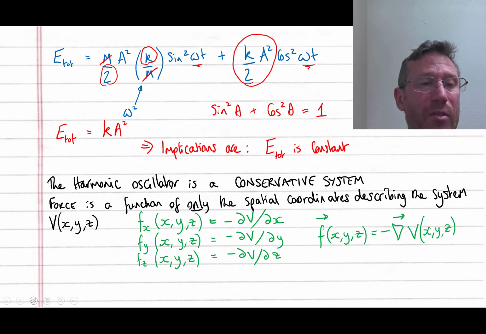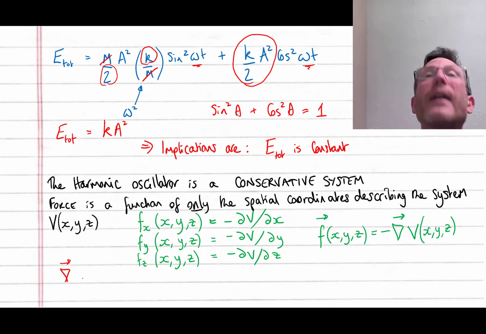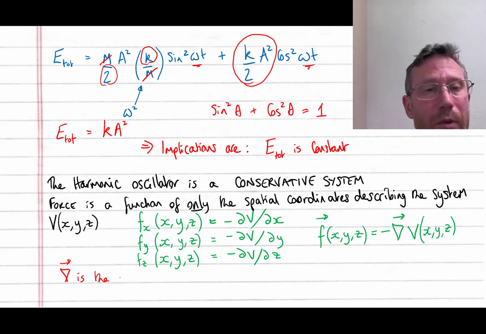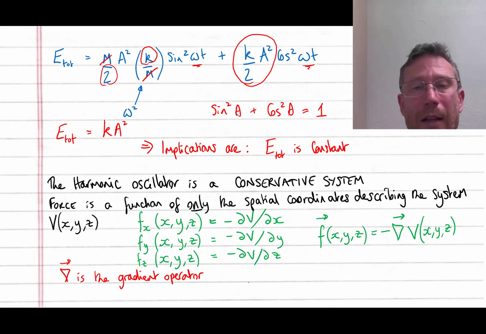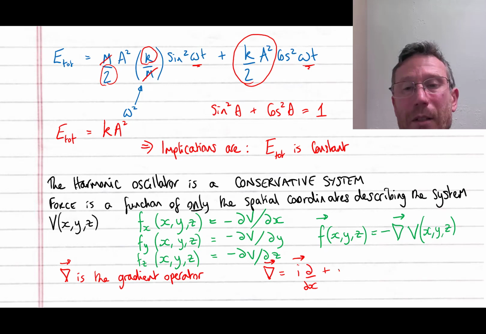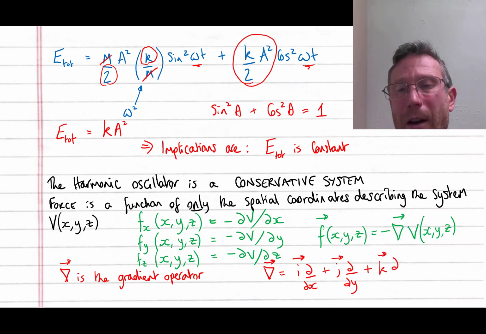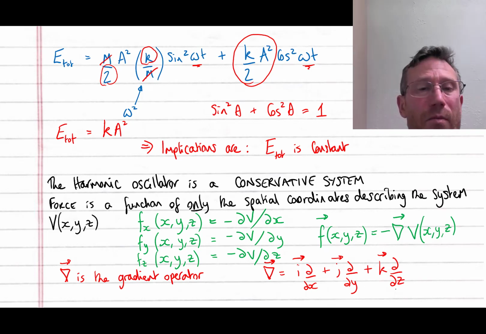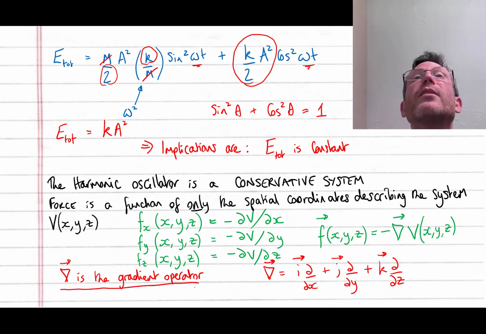The point of what I'm introducing you to is that del with the little arrow on the top is what we call the gradient operator. How do we write that del with the little arrow over the top? That's equal to, we're going to have these unit vectors in here, i dI by dx plus j, the unit vector, d by dy, plus k, the unit vector, d by dz. And so that is what we call the gradient operator.